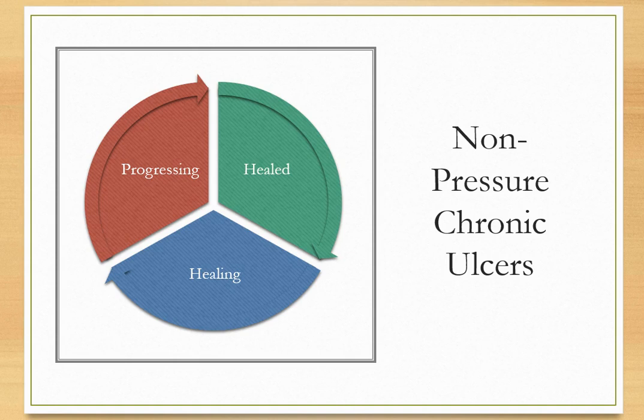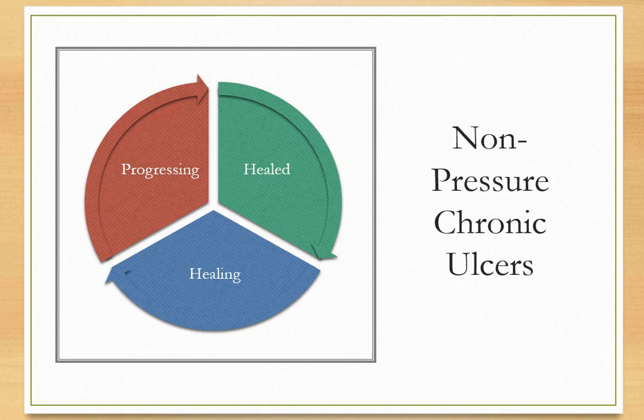And lastly, non-pressure chronic ulcers. So we got some terms that look familiar. Healed. If the provider states that the patient has a non-pressure ulcer that is completely healed, no code is assigned. If it is documented that the non-pressure ulcer is healing, the appropriate non-pressure ulcer code should be assigned based on the documentation.